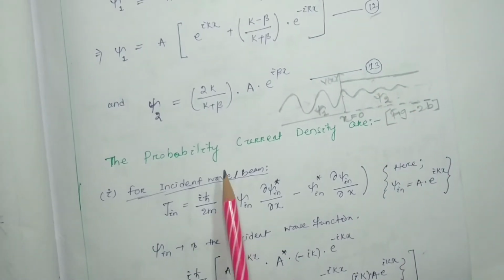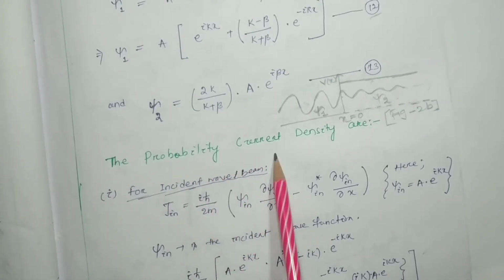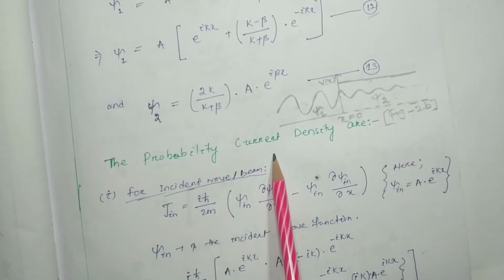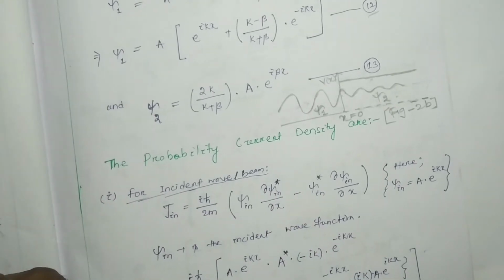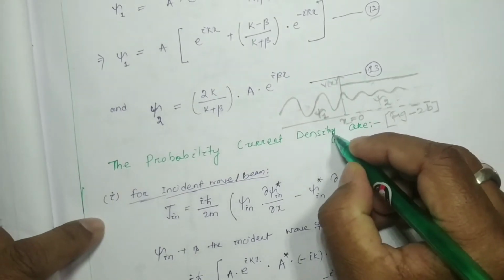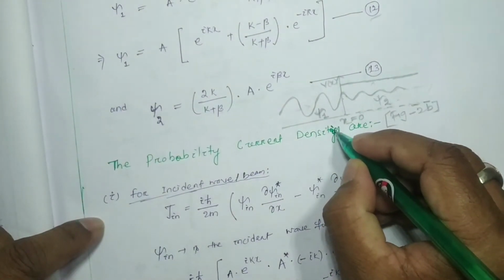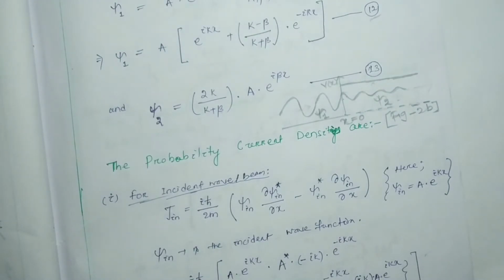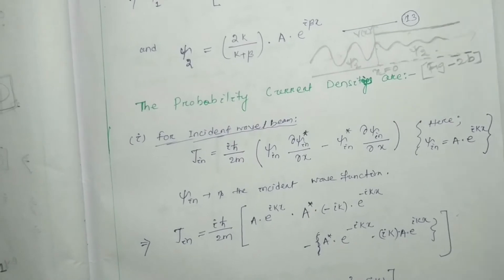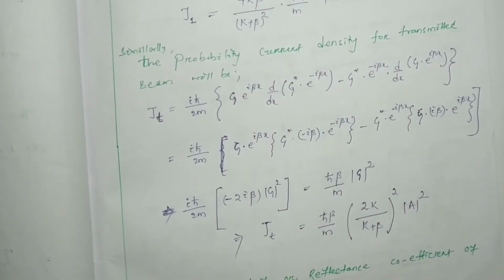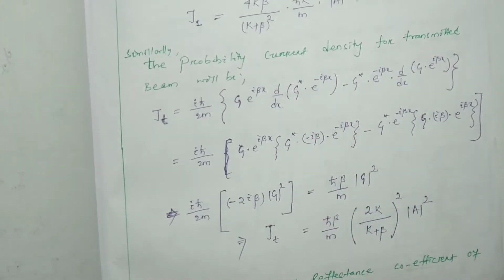Now we have to consider the probability current densities. For the incident beam, what is the probability current density? Then for the reflected beam, what will be the probability current density, and what will be the probability current density in region 1 and in region 2, or the transmitted probability current density?